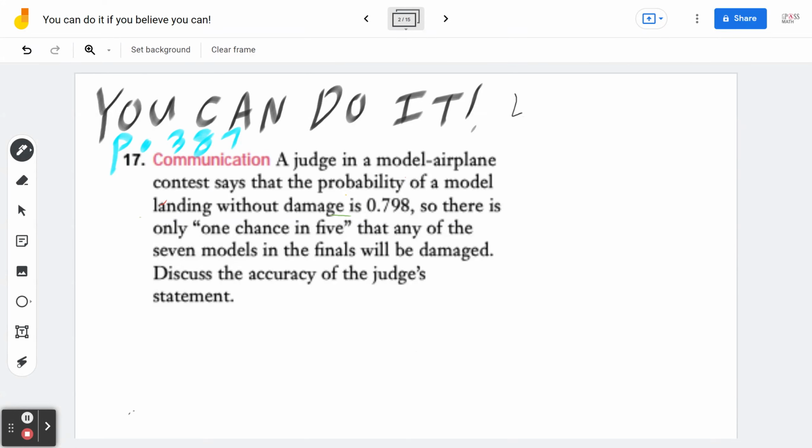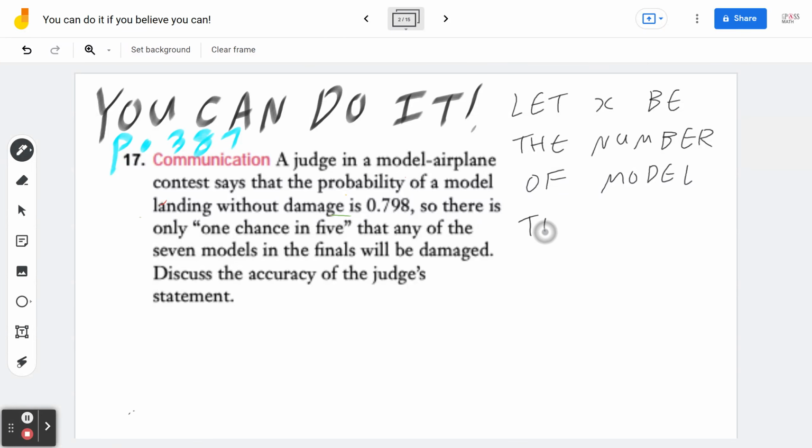Step one, let's write down the let statement. Let X be the number of model airplanes that will be damaged. Now, your goal is to compare two numbers.